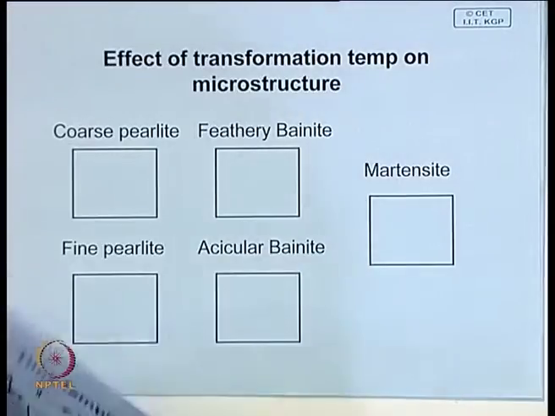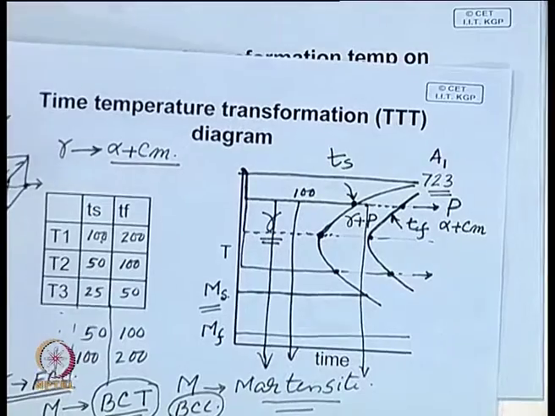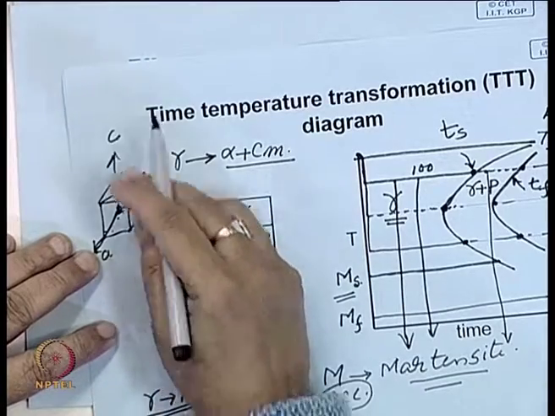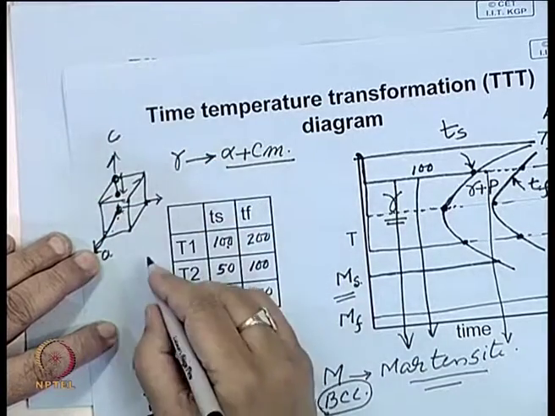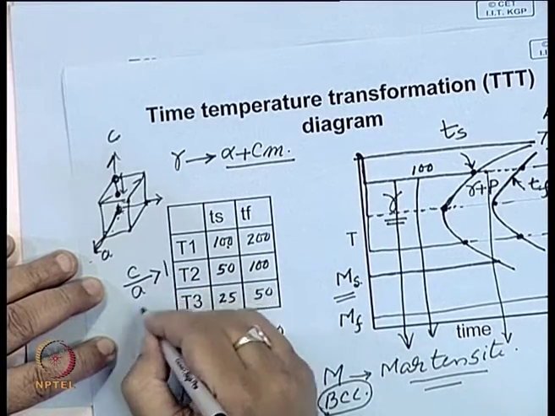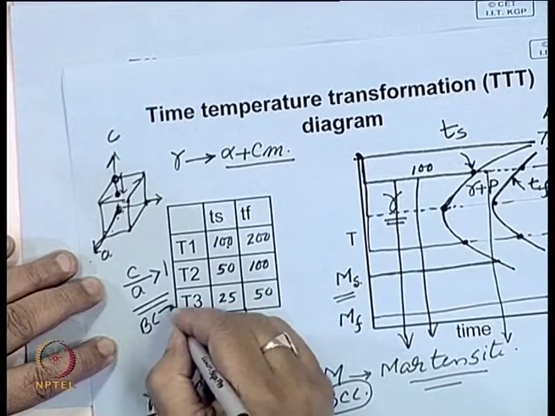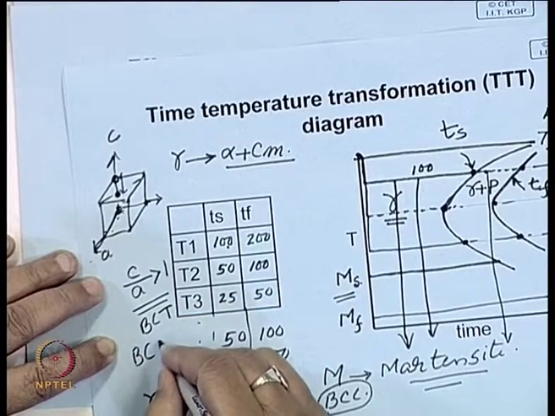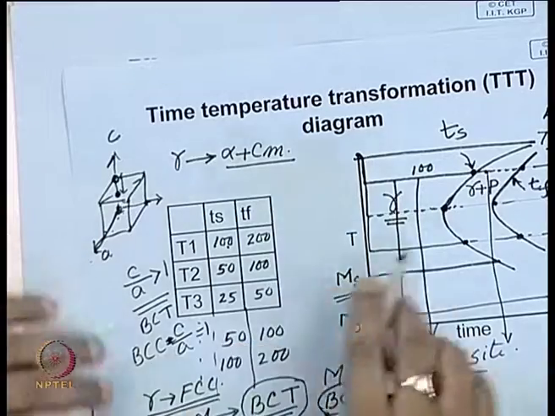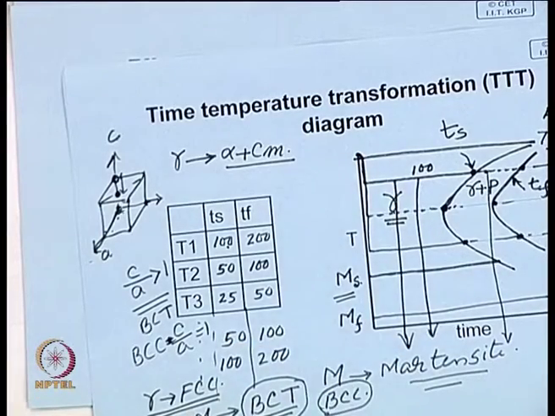So, therefore, this parameter will increase and C by A will be a little greater than 1 in case of a BCT structure, whereas in BCC C by A ratio is 1. So, in one way one can assume that martensite is a supersaturated solid solution of carbon in alpha iron.